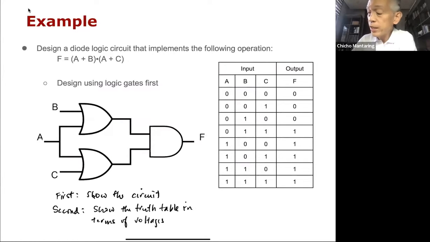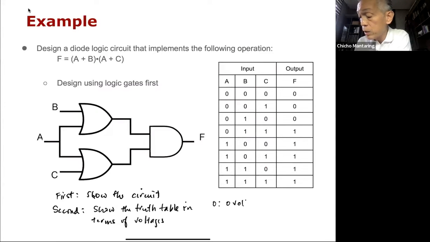So instead of ones and zeros, I want you to show the truth table in terms of voltages, where initially you can assume that 0 is 0 volts and the 1 is 5 volts. So show what voltages come out for these different input combinations. So please try that on your own as an exercise.